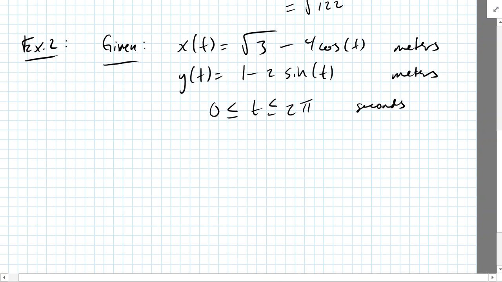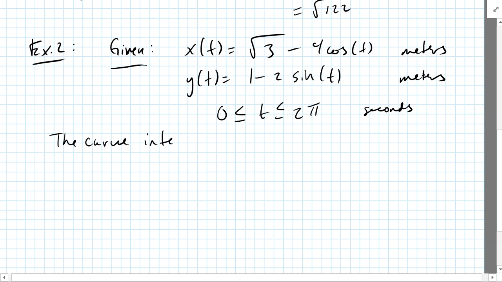And I'm going to give you the information that the curve intersects the x-axis twice in the interval.